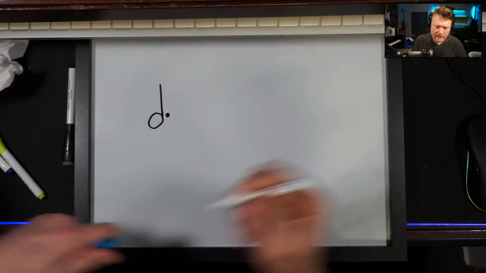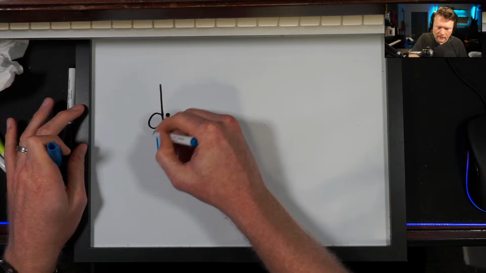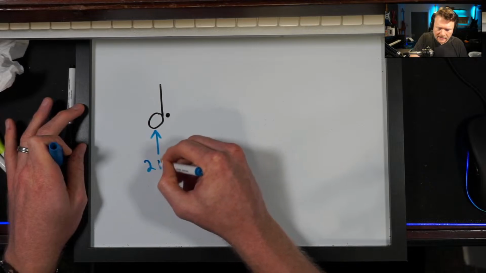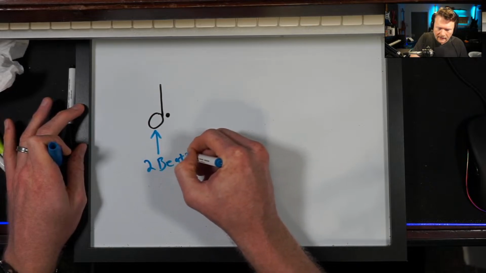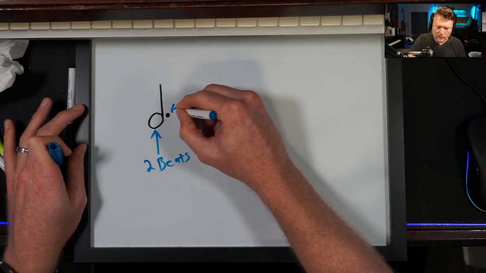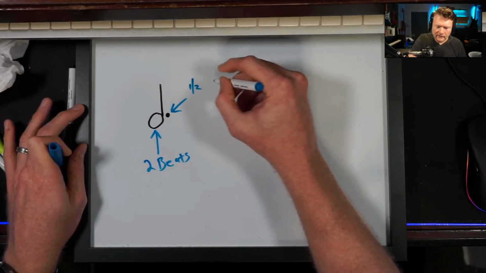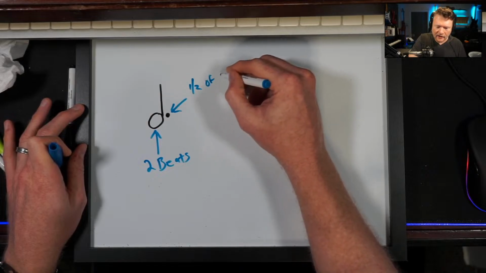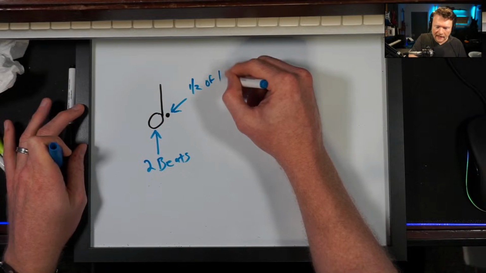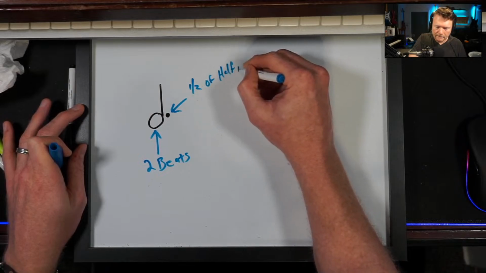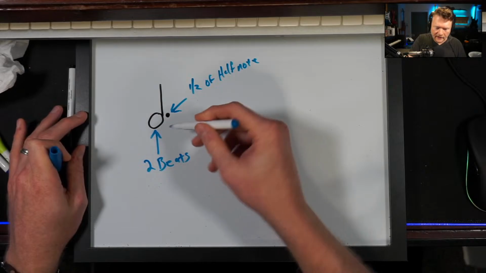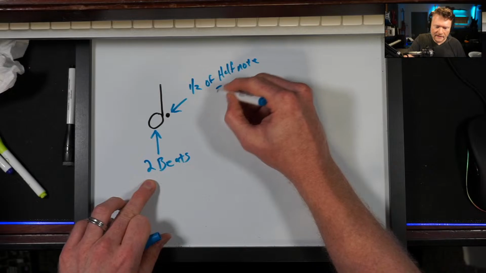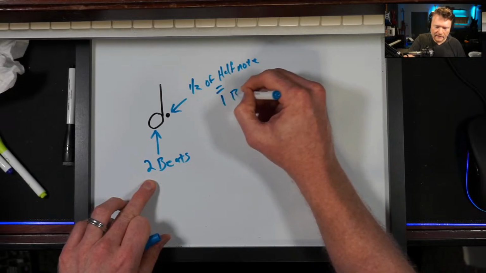The actual note without the dot is a half note, so we're saying this is 2 beats. And the dot is worth half of the note it's attached to. So this is worth half of the half note. If the half note is worth 2, and we're taking half of that, then the dot is equal to 1 beat.